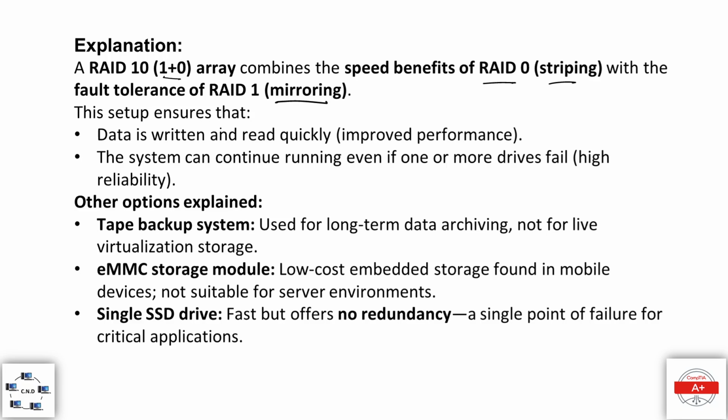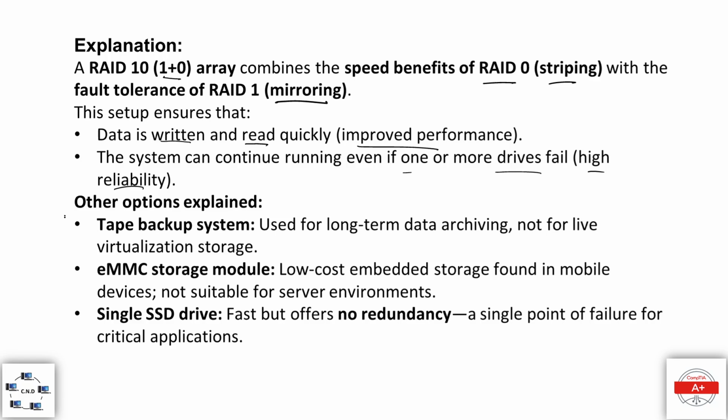So this setup ensures that data is written and read quickly, which gives us improved performance, and the system can continue running even if one or more drives fail, which gives us high reliability. The other options are incorrect.